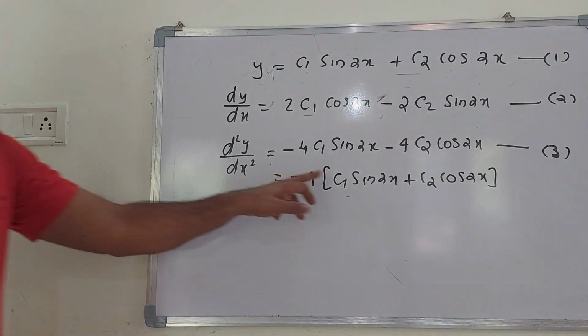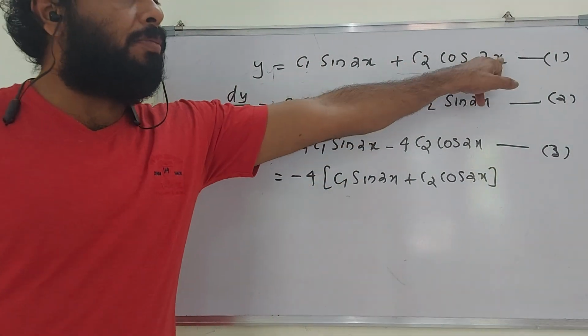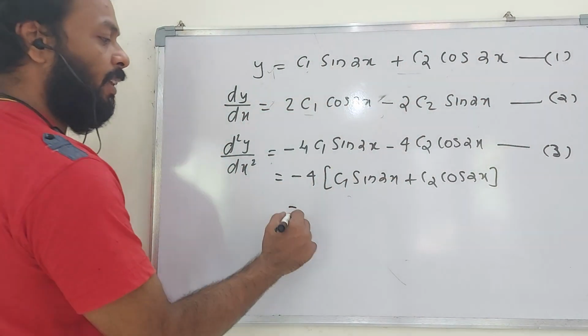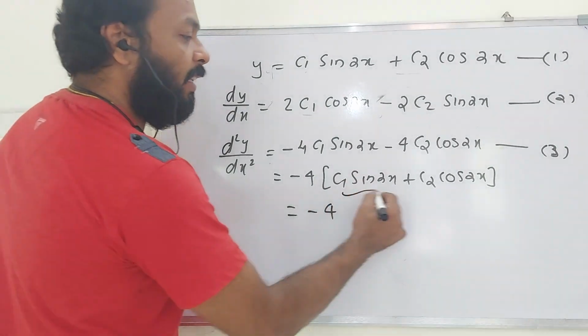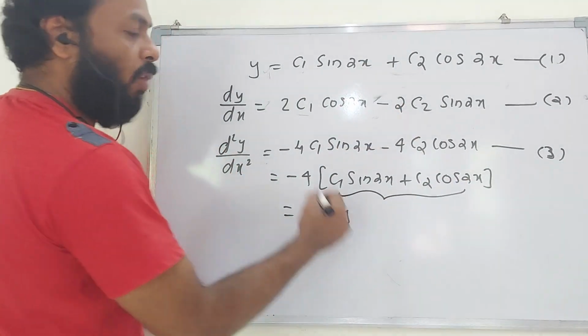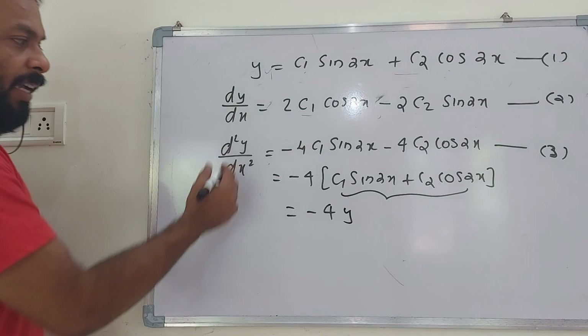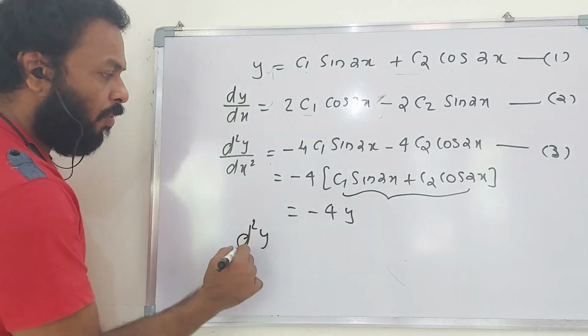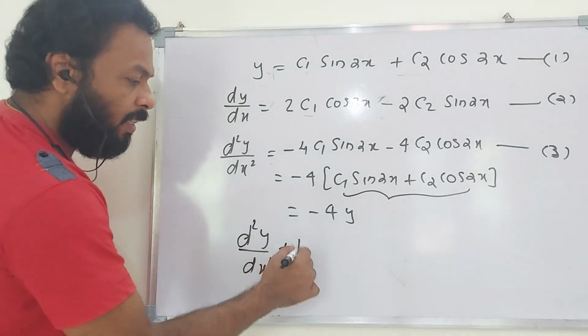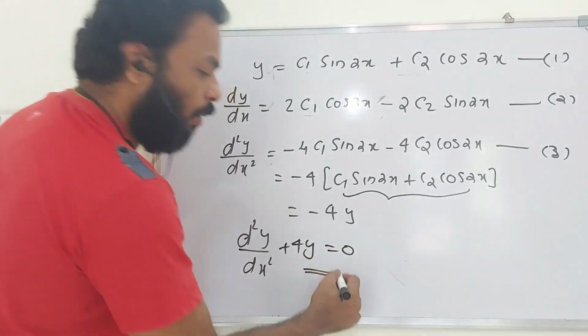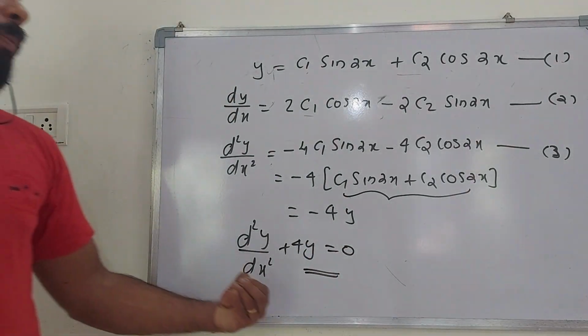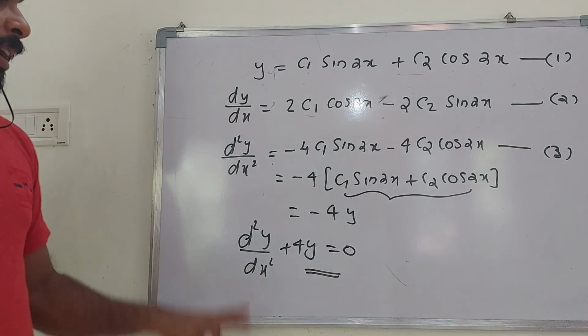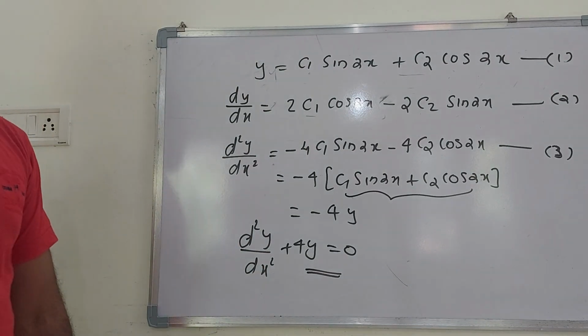Okay, c1 sin 2x plus c2 cos 2x, from equation 1 we can represent this as y. This is our given function y. So we get d square y by dx square plus 4y equal to 0, which is free from all arbitrary constants or all parameters, and it is a second order differential equation.